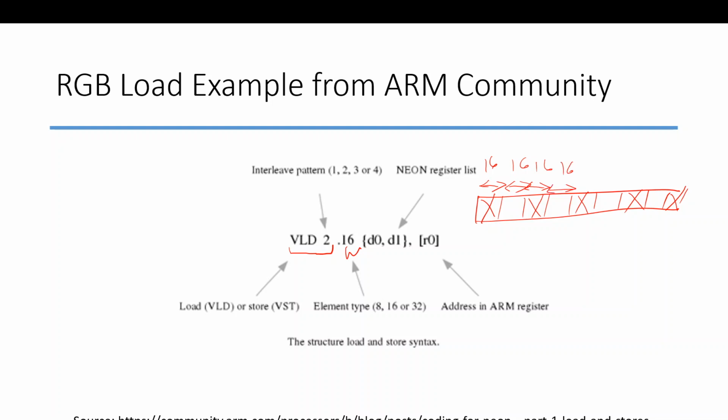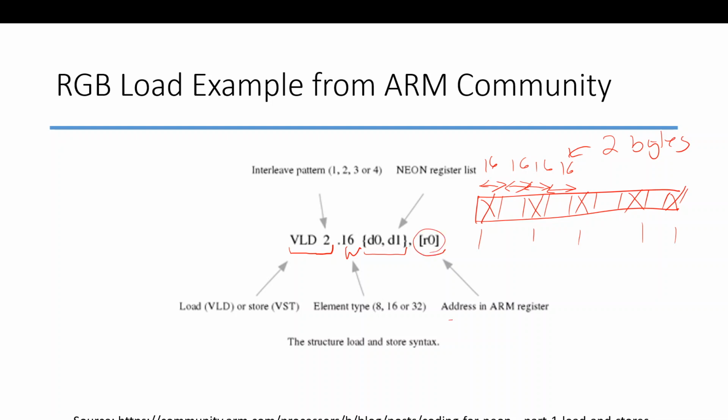Of course, this is in terms of bits, so each one of these is actually going to be 2 memory locations, 2 bytes. Then D0, D1 is the list of registers that we're going to populate with these values we're loading from memory.